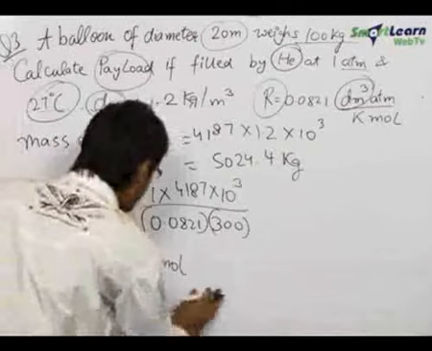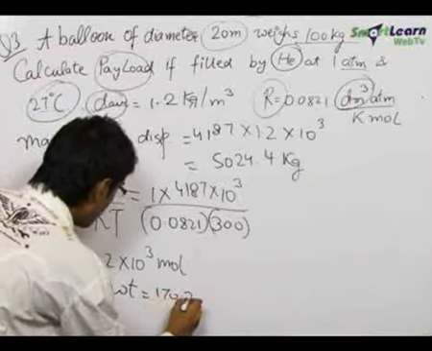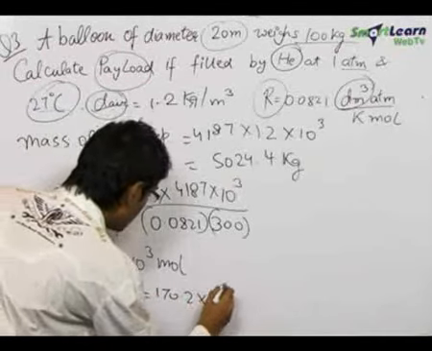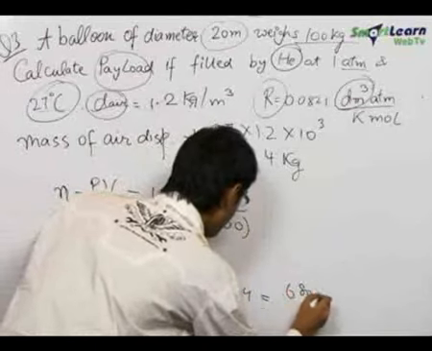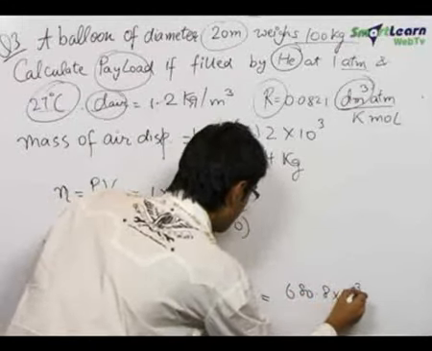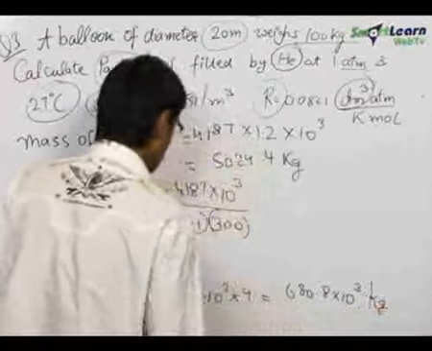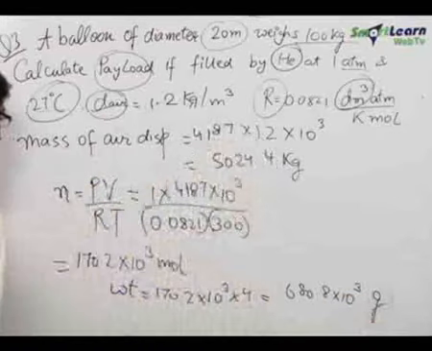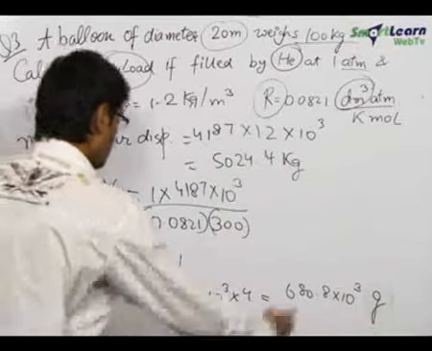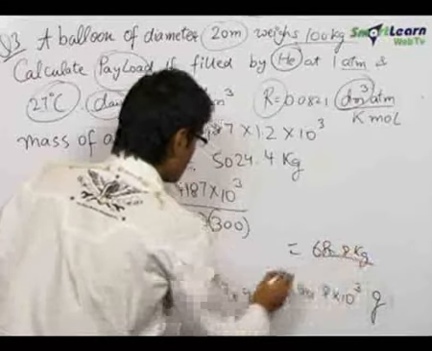So the weight of helium comes out to be equal to the number of moles times its molecular weight, which is 4, which is equal to 680.8 × 10³ grams, which is equal to 680.8 kilograms.